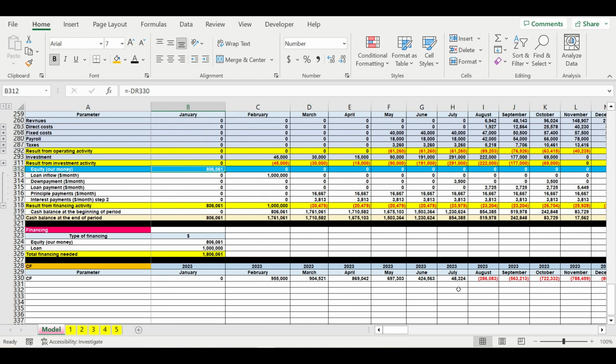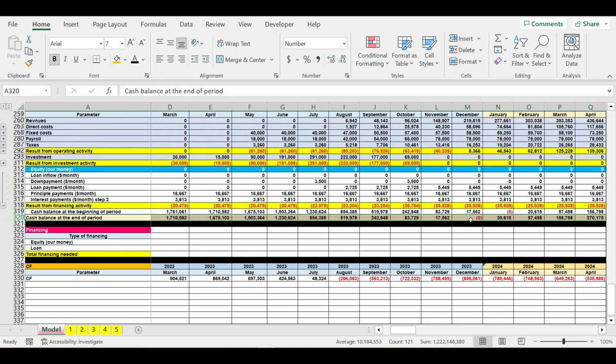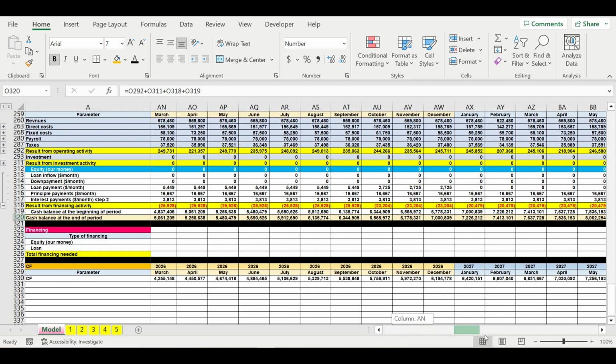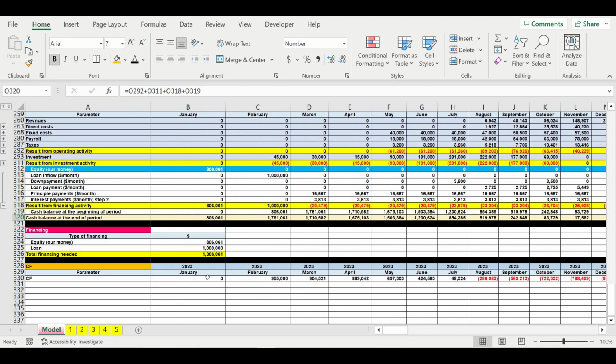So now when we will look at the cash balance at the end of the period, we don't see any cash gaps. So now we know exactly how much financing we need, depending on how we would like to split it.